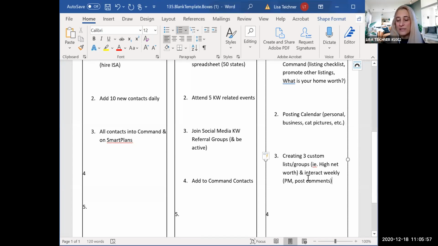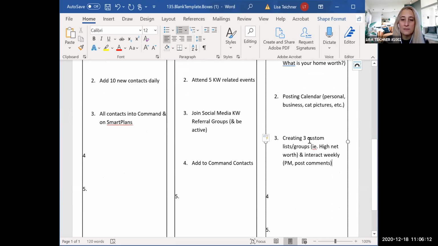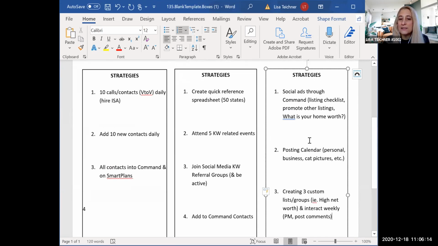I'm putting a little more details on here than you necessarily would. That would go on your 411, but this gives you some ideas of how to generate the business through there. So anything else on strategies, social strategies?